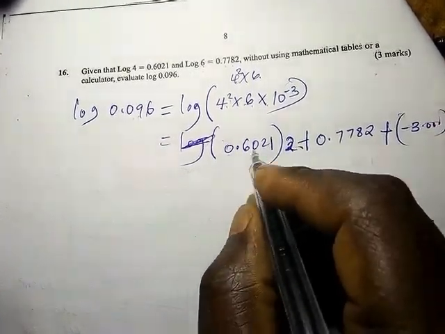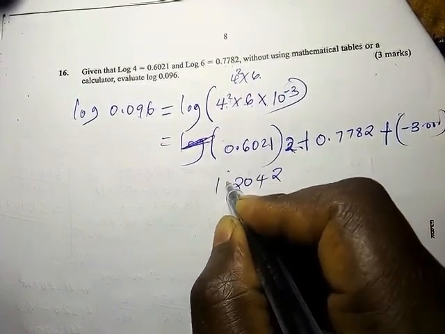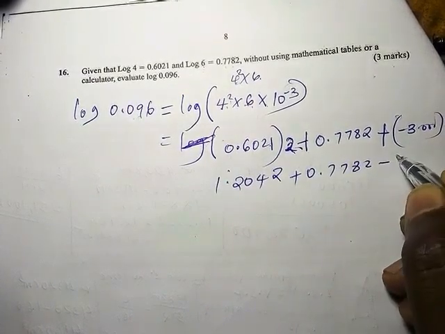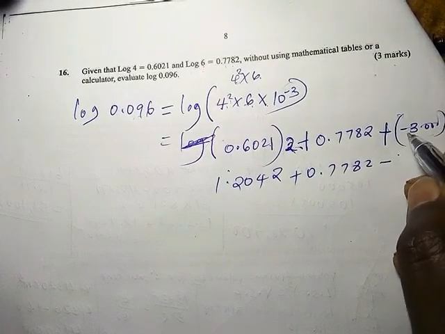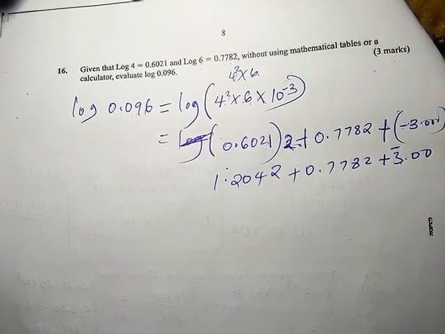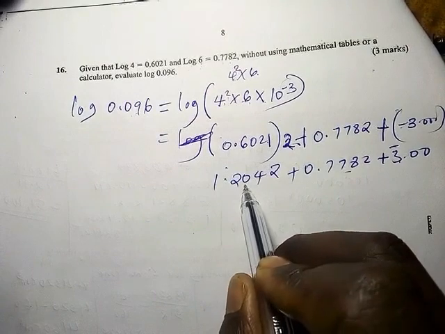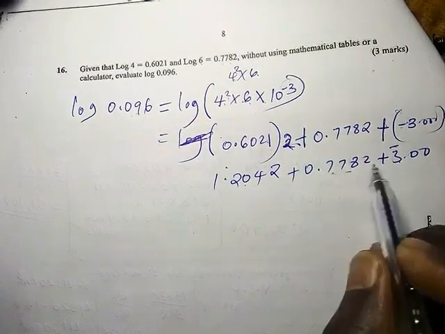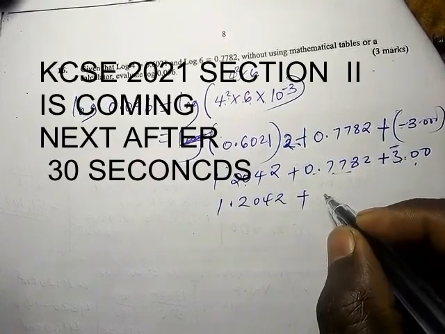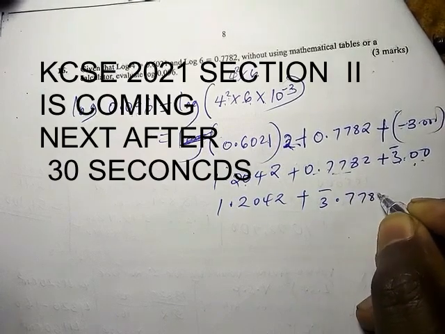So this times this, this is 1.2042 plus 0.7782, and then minus 3, so the bar 3 with the mantissa coming here, 7782.